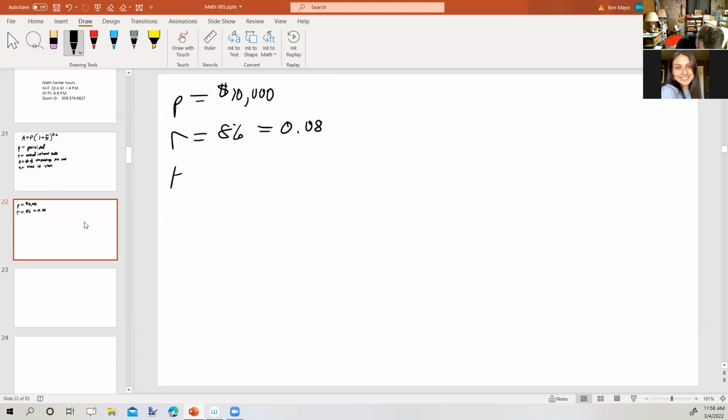Compounded quarterly, so K is 4. If it's compounded once a year, K is 1. Twice a year or semi-annually, K is 2. Quarterly, K is 4. Monthly, K is 12. Daily, K would be what, 365. How much will be in the account after 10 years?